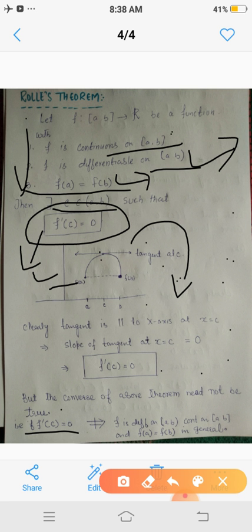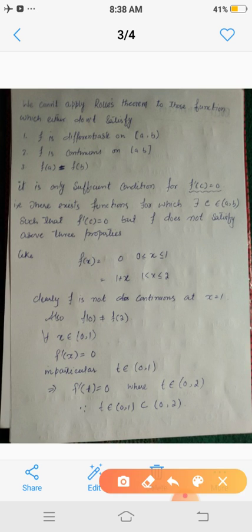But in general, a function whose f'(c) is 0 need not satisfy the three properties. So simply, Rolle's theorem gives only a sufficient condition for a function to have a point where the derivative is 0. Let me consider an example.